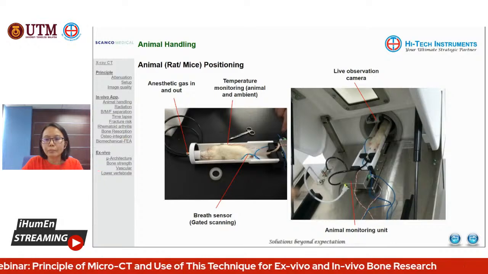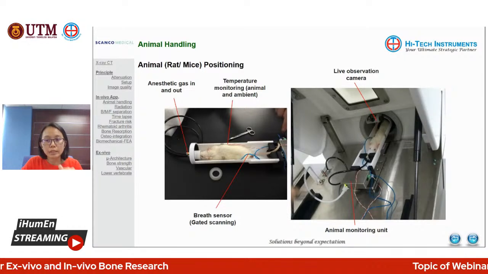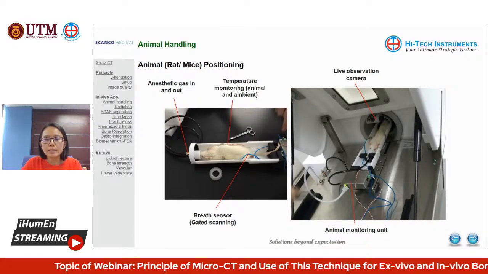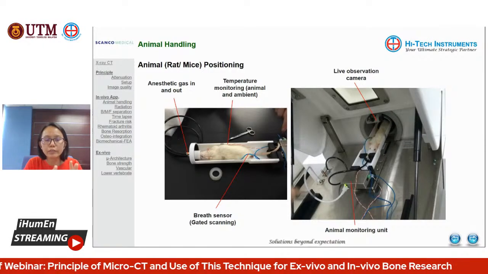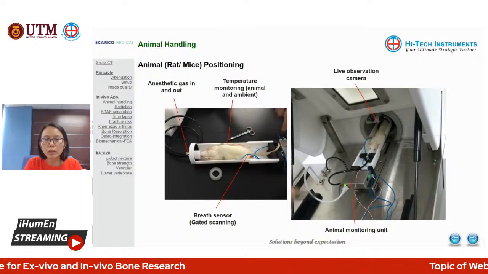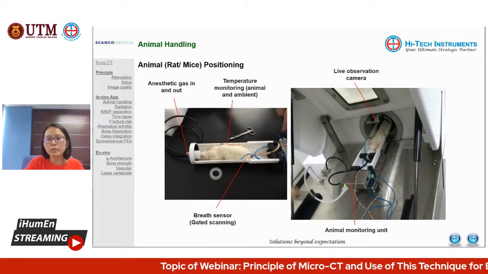And this ketamine is highly lipid soluble, so it readily crosses the blood-brain barrier. So it will make the animal lose consciousness in a very short time, and the durability of this ketamine is quite good. It can keep the animal unconscious for quite a long time, like up to half an hour or 45 minutes or so. Depends on the dosage, of course.